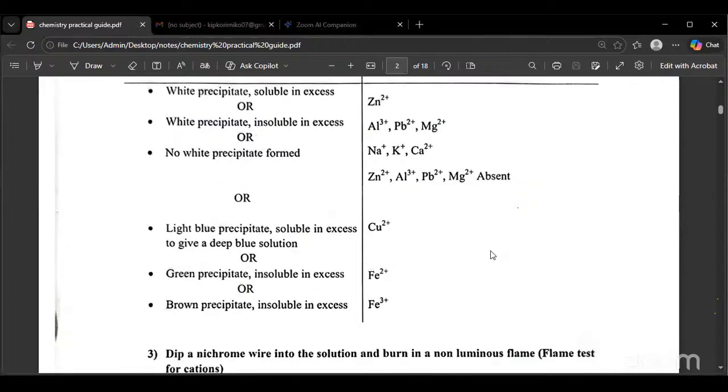So light blue precipitate soluble in excess to give a deep blue solution. Of course, it is blue. So if it has been light blue, it can dissolve. Of course, the observation is very important. It was light blue precipitate, which dissolved in excess to give a deep blue solution. The other time I had given you the meaning of light blue, and now let me do this.